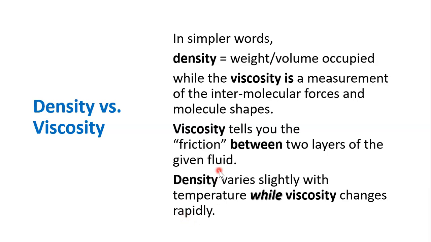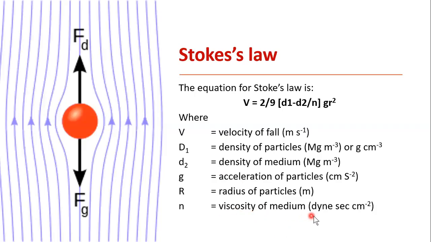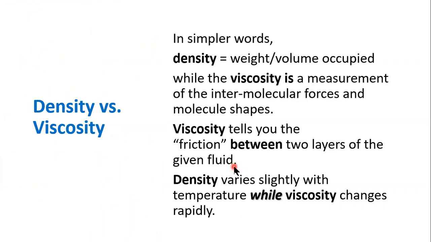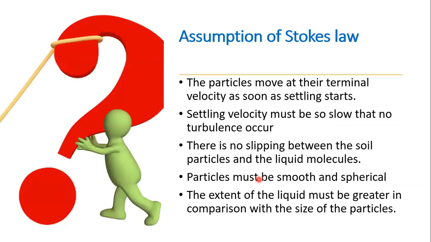So as we have seen that the viscosity of the medium is also important, it means we have to take care of temperature as well, because the temperature will definitely have an effect on the viscosity of that fluid, and that will have an effect on the settling time of the soil particles.